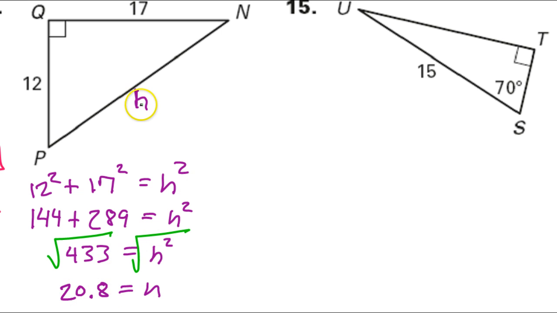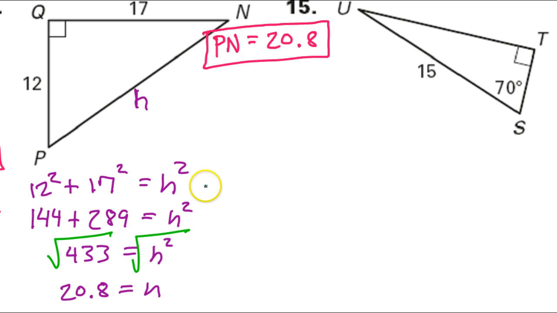I called it h just now, but really it's PN. So when you write your final answer, put it back in terms that you had to start off with. So far I found that the length of PN is 20.8. One down, 2 to go.